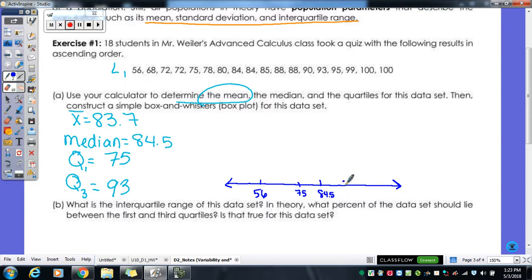Then 84.5. 93, and then our max is 100. You do want to kind of estimate the numbers that should be a little closer together. You want to have those closer together. And then the 3 points in the middle, your Q1, your median, and your Q3 make up your box. Your min and your max get connected to it with just a line.